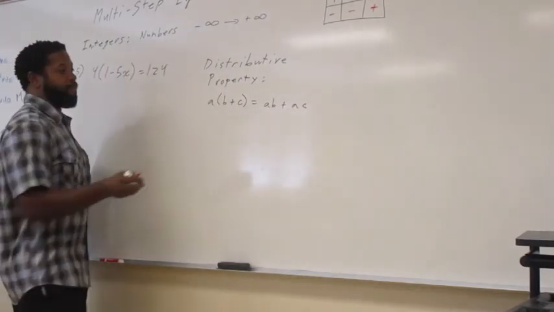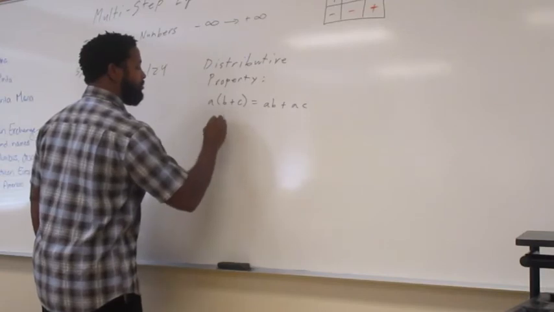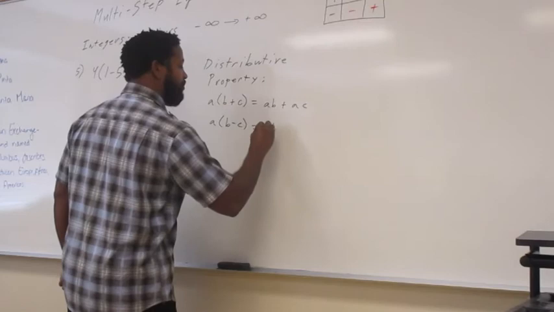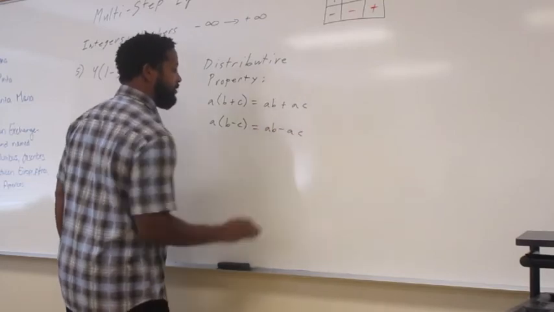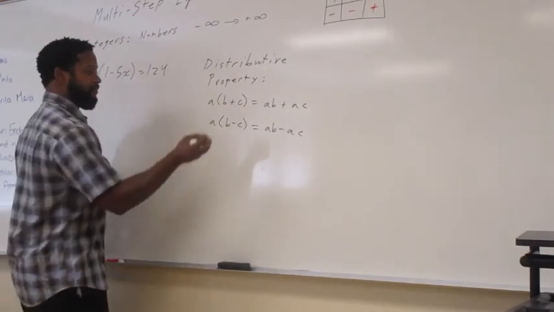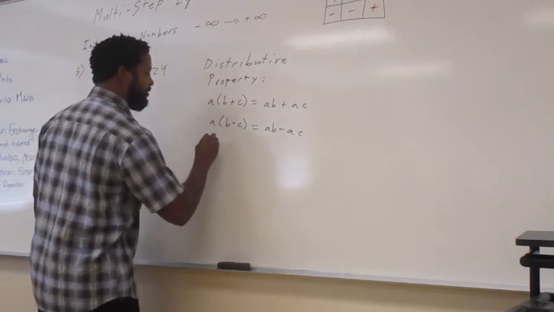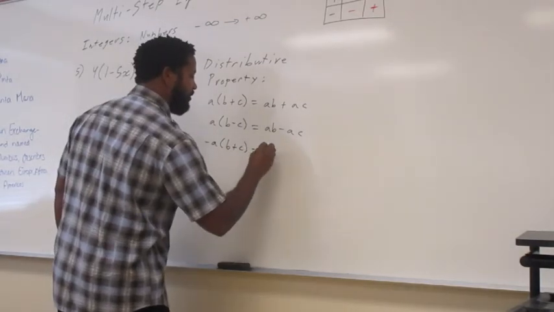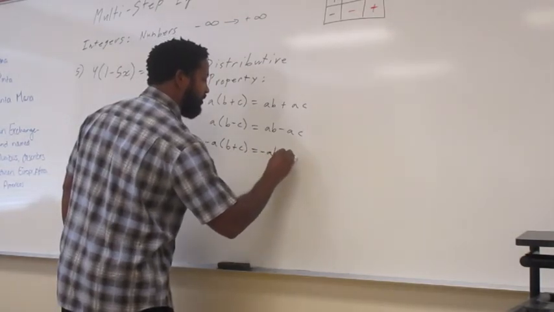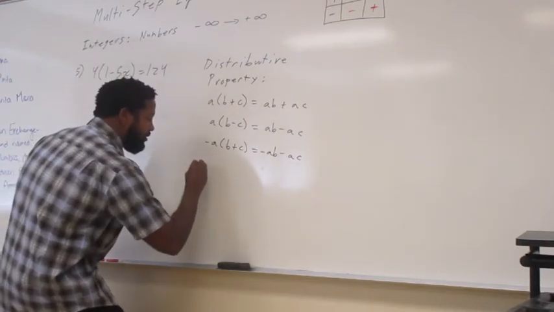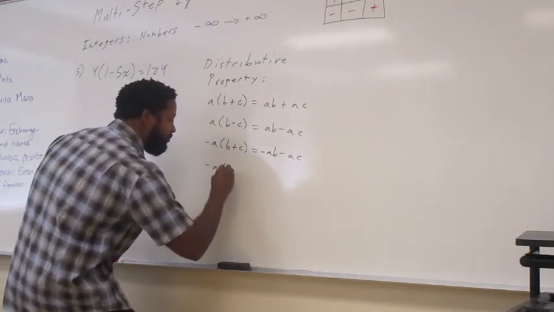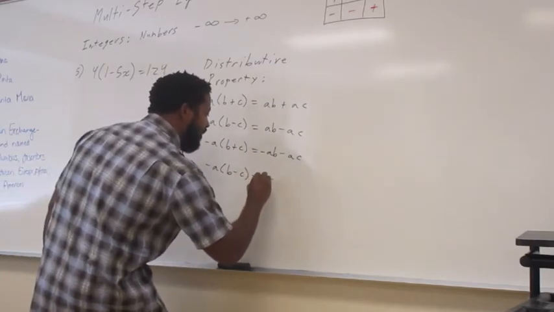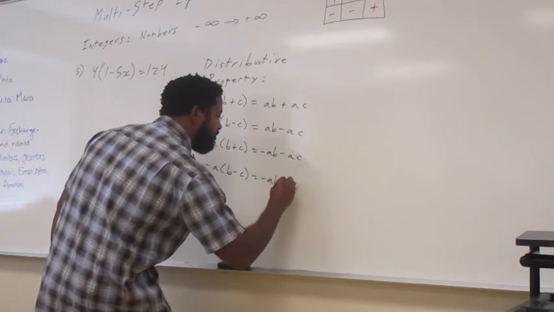If you have A times B minus C, that is equal to AB minus AC. Negative A times B plus C is equal to negative AB minus AC. Negative A times B minus C is equal to negative AB plus AC.